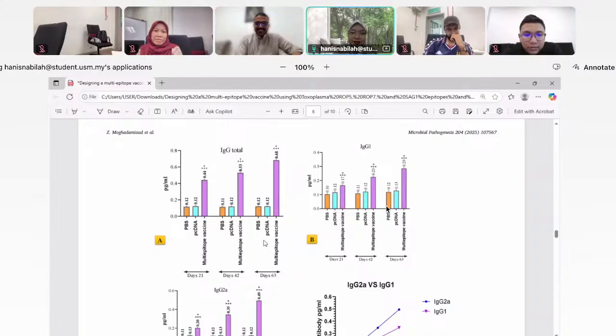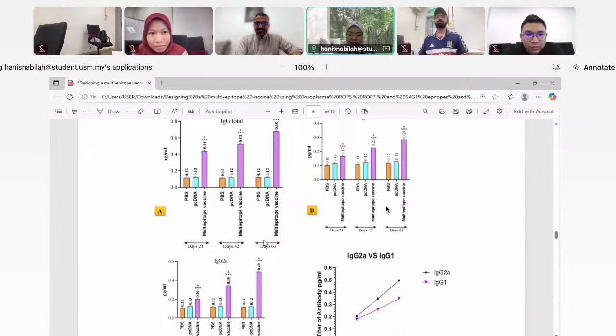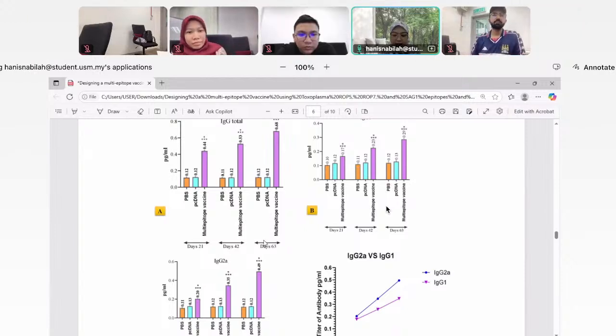Thank you. Okay, so right now they want to check whether this recombinant vaccine triggers the cell-mediated response or the antibody-mediated response. We have this immune response in our body.